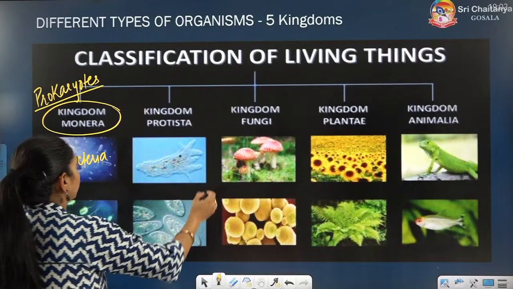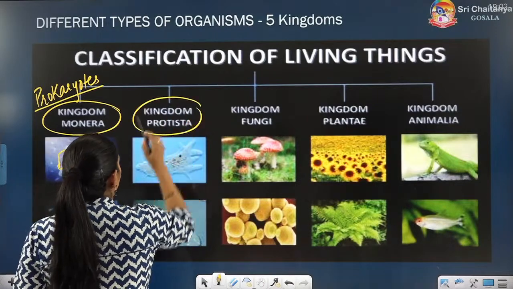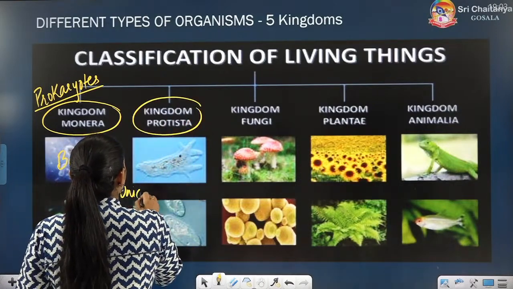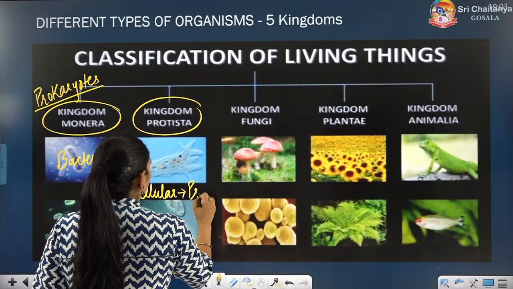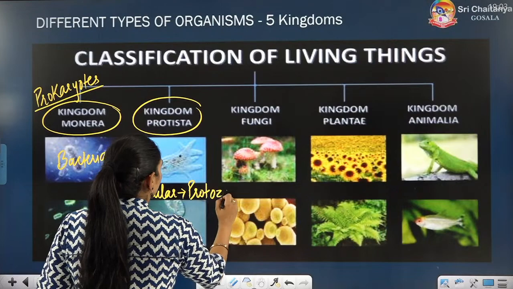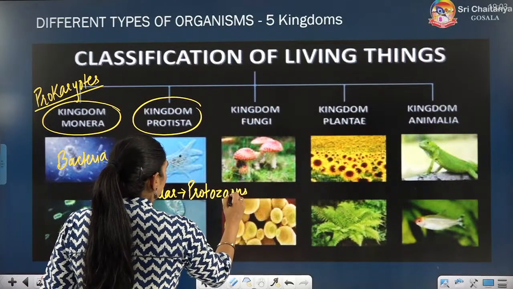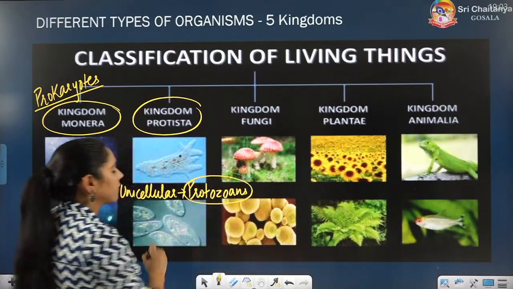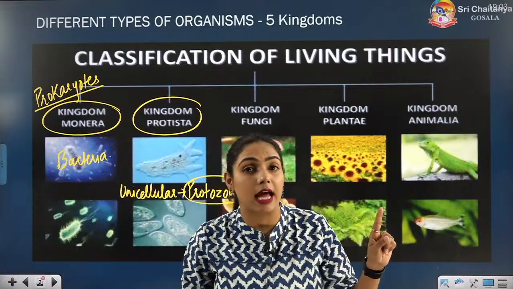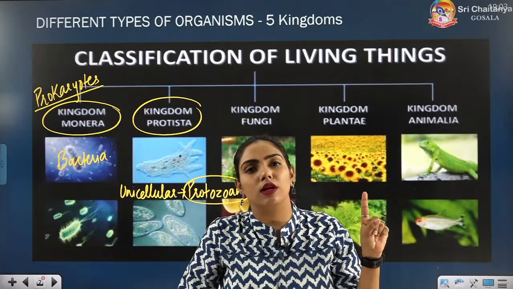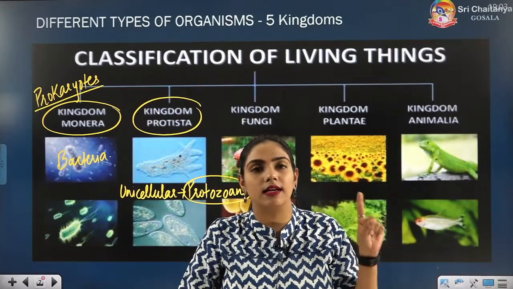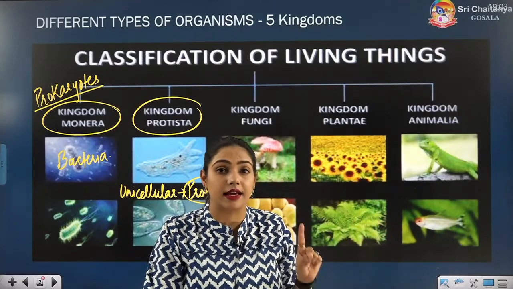If we talk about kingdom Protista, we see unicellular organisms here, which you may call protozoans. We have not included the protozoans in the animal kingdom. We are only studying the multicellular animals in the Animalia kingdom.